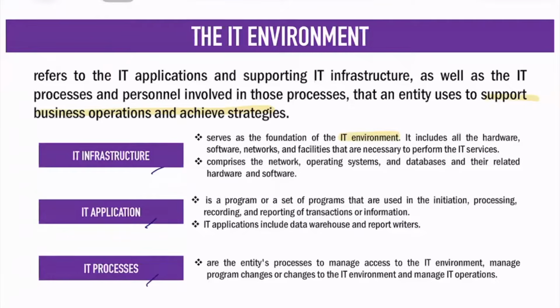It includes all the hardware, software, networks, and facilities that are necessary to perform the IT services. Therefore, it is composed of the following: network, operating systems, and then databases and their related hardware and software. So whenever we talk about IT infrastructure later, it is composed of those items: network, OS, database, hardware, and software.